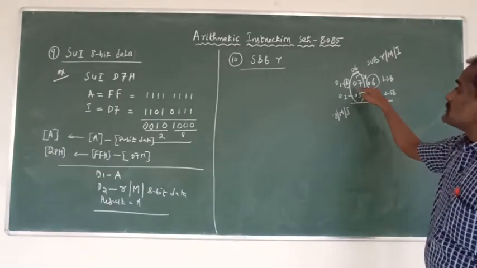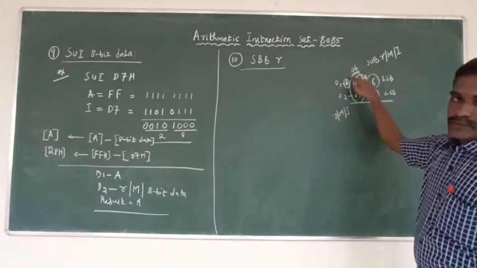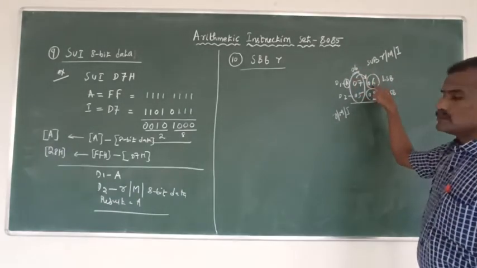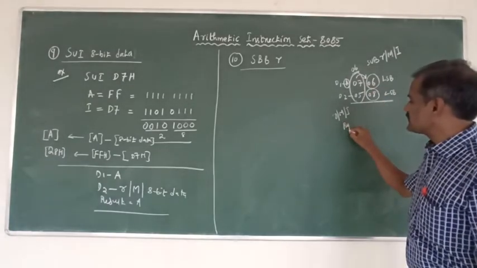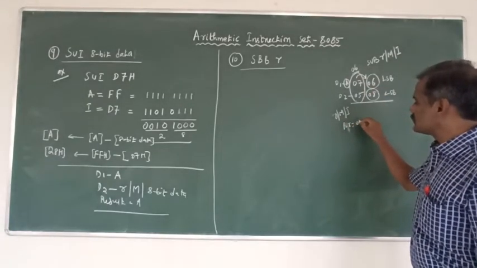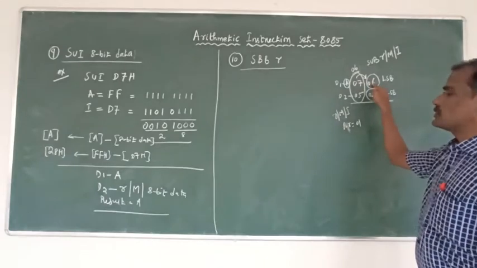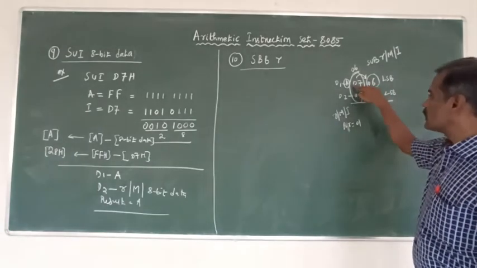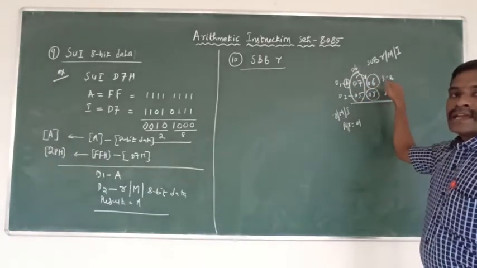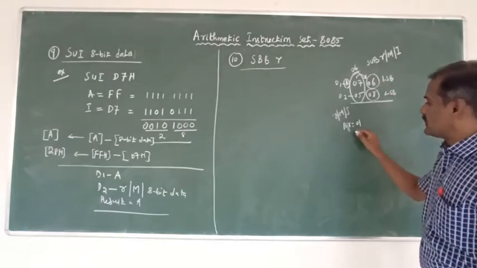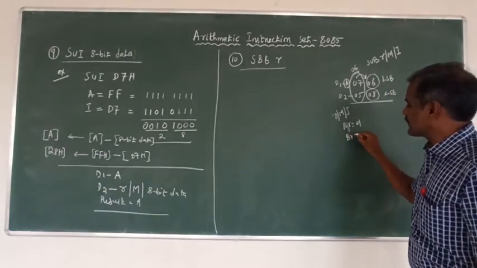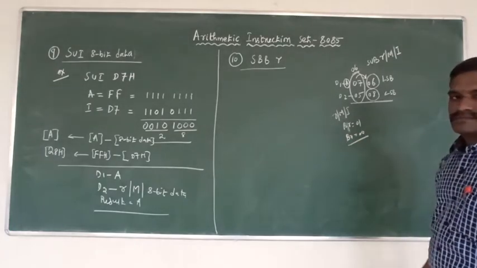And with borrow also, if there is a borrow, you have to subtract with 01, or if there is no borrow, okay, no borrow, as with the LSB, at that time we can subtract with 00.